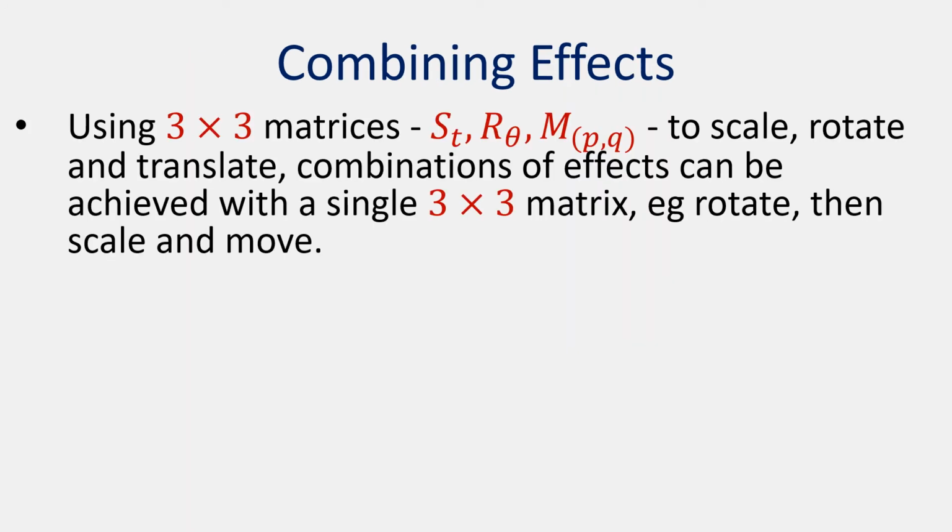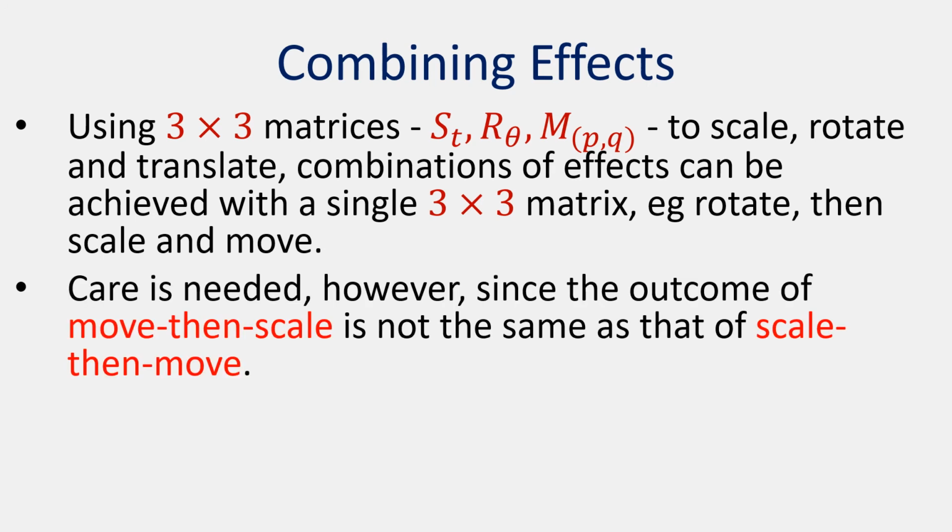Now if we want to combine effects, suppose we have a general scaling matrix, general rotation matrix, and a general translation matrix, then we combine effects in a single 3x3 matrix just by multiplying the matrices together. So we can carry out processes such as rotating an object, then scaling that object, then moving that object to its final destination.